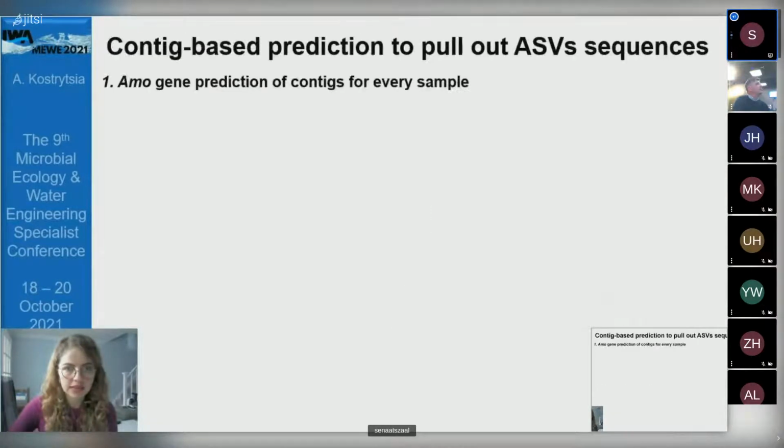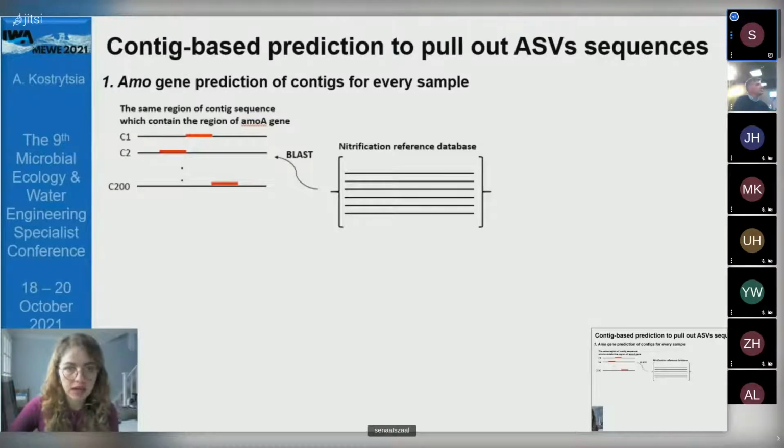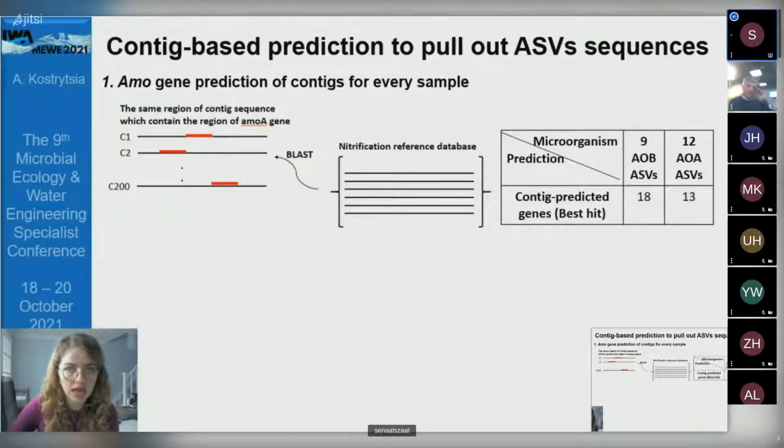After successfully processing the data with our Atlas pipeline for the metagenomic dataset, we went for contig-based prediction in order to pull out ASV sequences from our amplicon dataset. This was done by running BLAST against a reference nitrification database for AOB, AOA, and NOB based on sample predicted genes, and we generated the BLAST results here in a table.